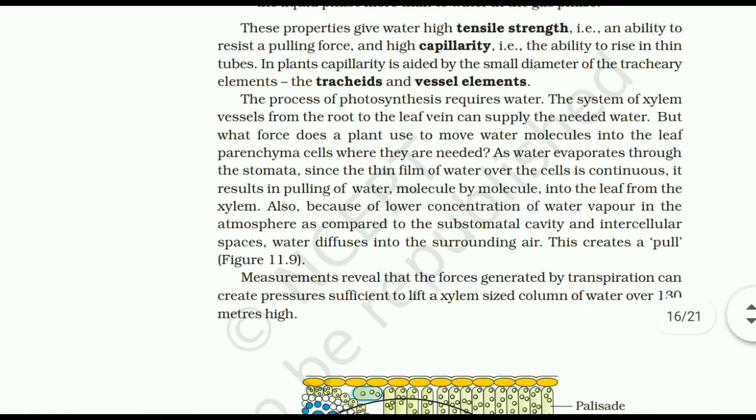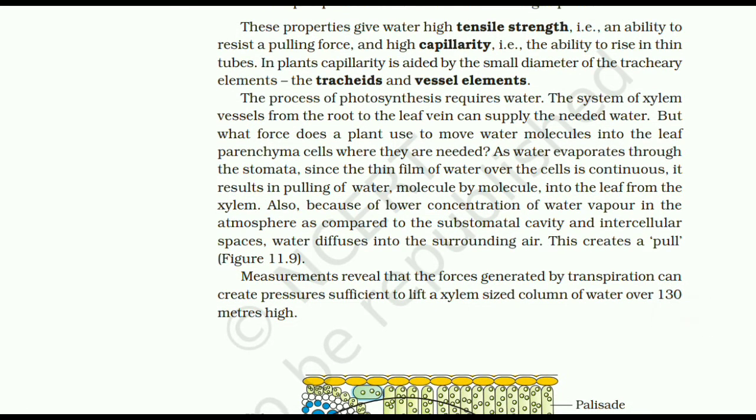The process of photosynthesis requires water. The system of xylem vessels from root to the leaf vein can supply the needed water. But what force does a plant use to move water molecules into the leaf parenchyma cells where they are needed? As water evaporates through the stomata, since the thin film of water over the cell is continuous, it results in pulling of water, molecule by molecule, into the leaf from the xylem.